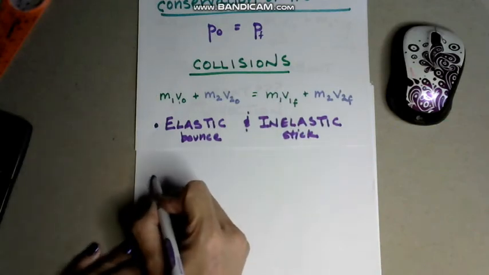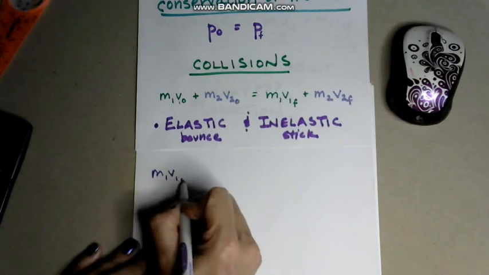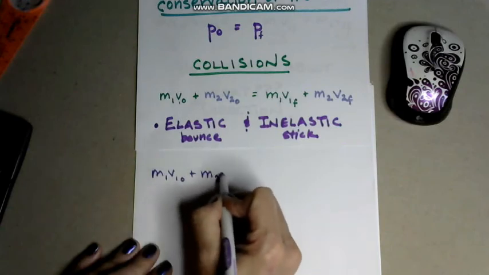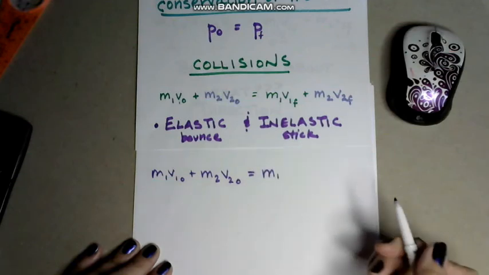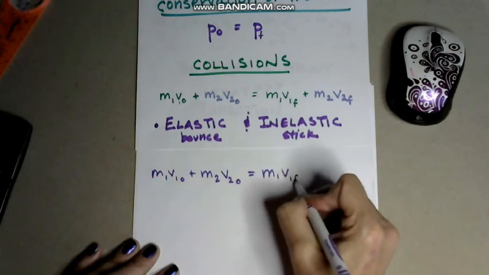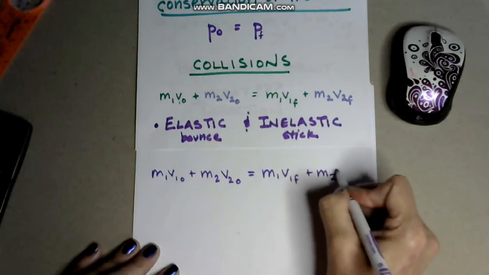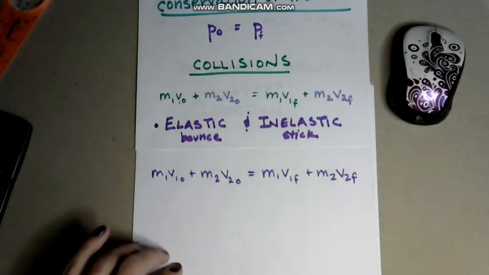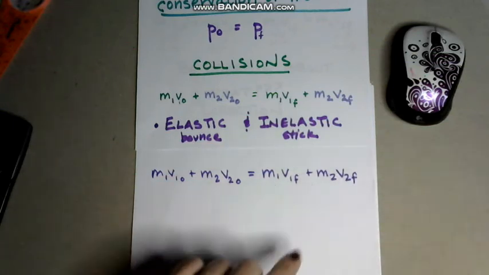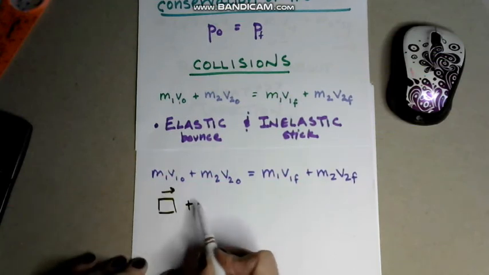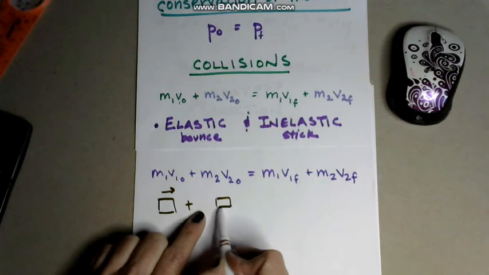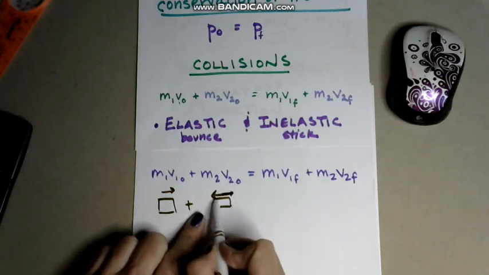Okay, so I've got my M1 V1 initial plus my M2 V2 initial. If these two objects stick together, so here's a car, and technically this could be moving this way as well, maybe moving slower, or it could be moving toward it. It doesn't matter.